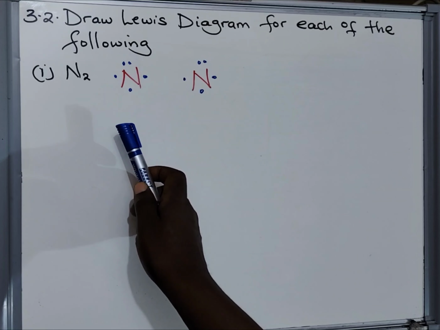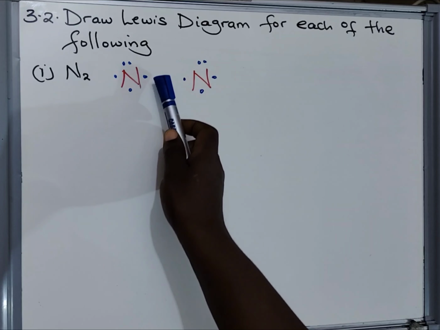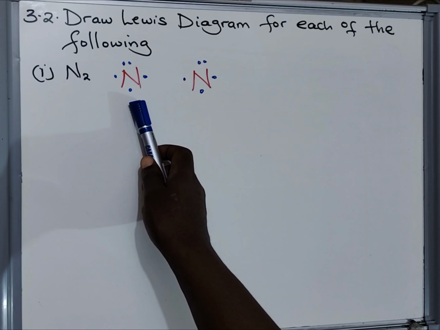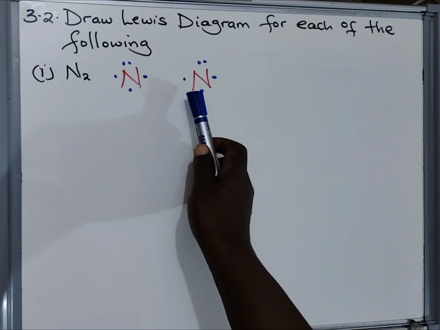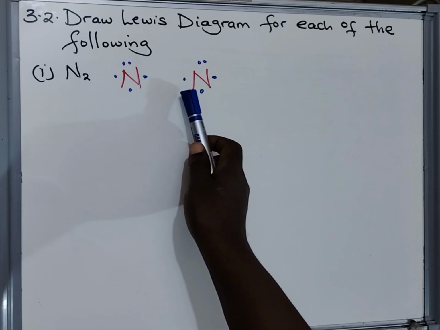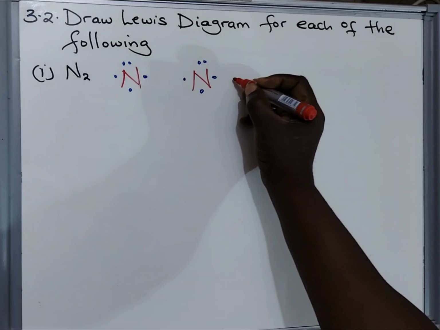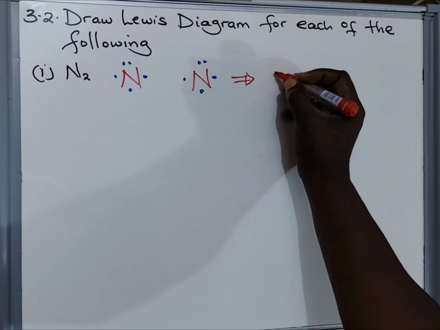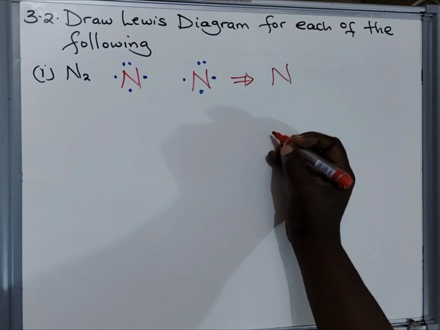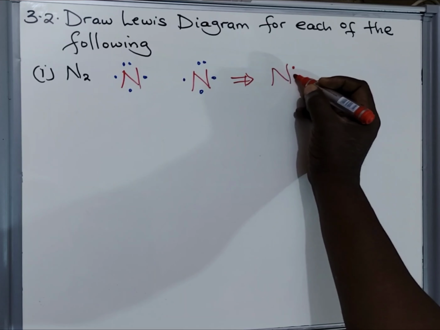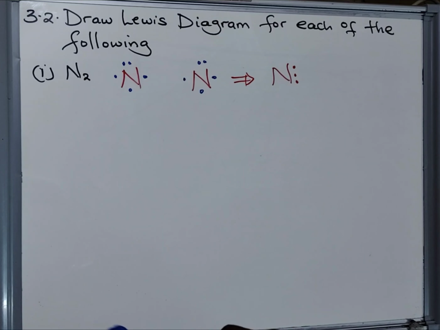These 3 unpaired electrons of one nitrogen atom pair up with the 3 unpaired electrons of another atom, forming something like this, where one contributes this, and that.